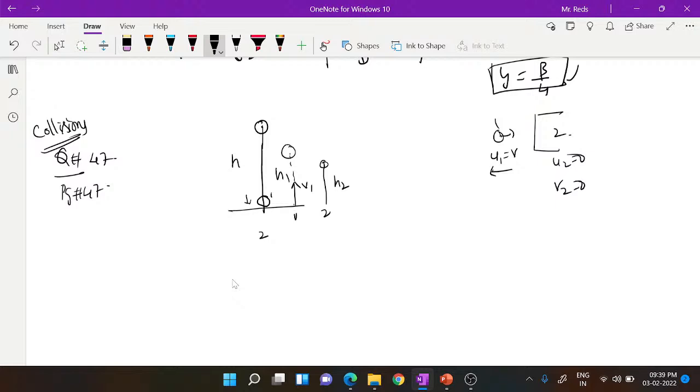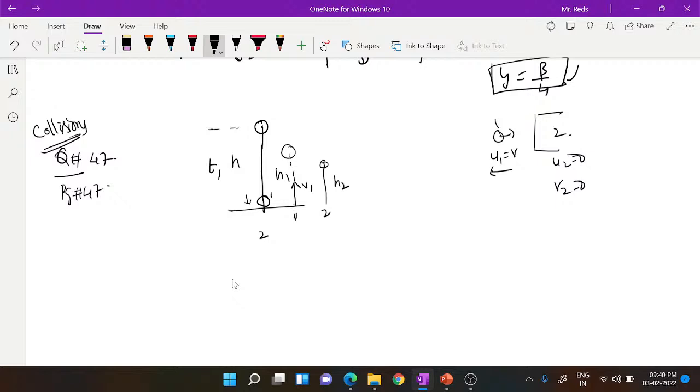The question here is, the total time till the second collision is 2.4 seconds. Taking the second collision means it has to come down, then go up, come down, and then undergo the second collision. So till here it takes this much time. Let us say to come down it takes time t. Then for going up it takes time t1, and the same time t1 for coming down.